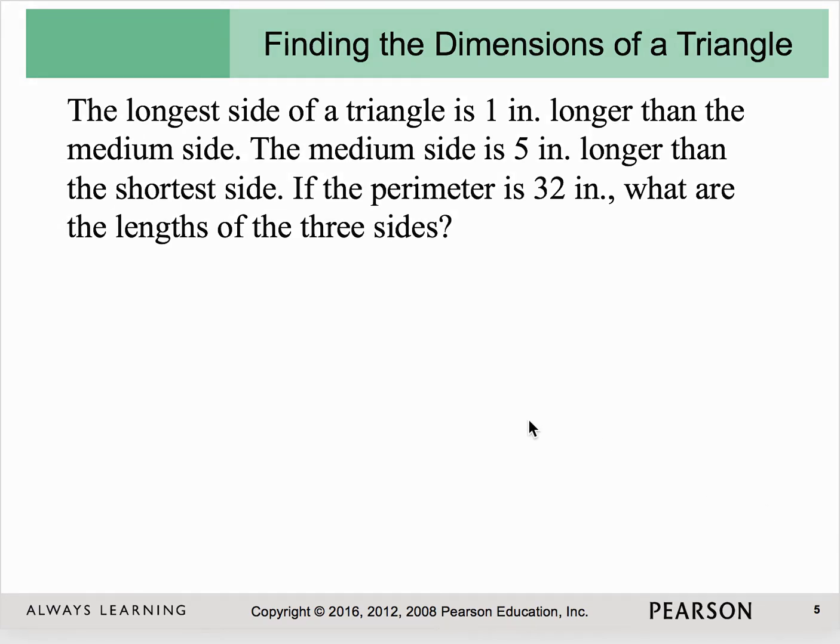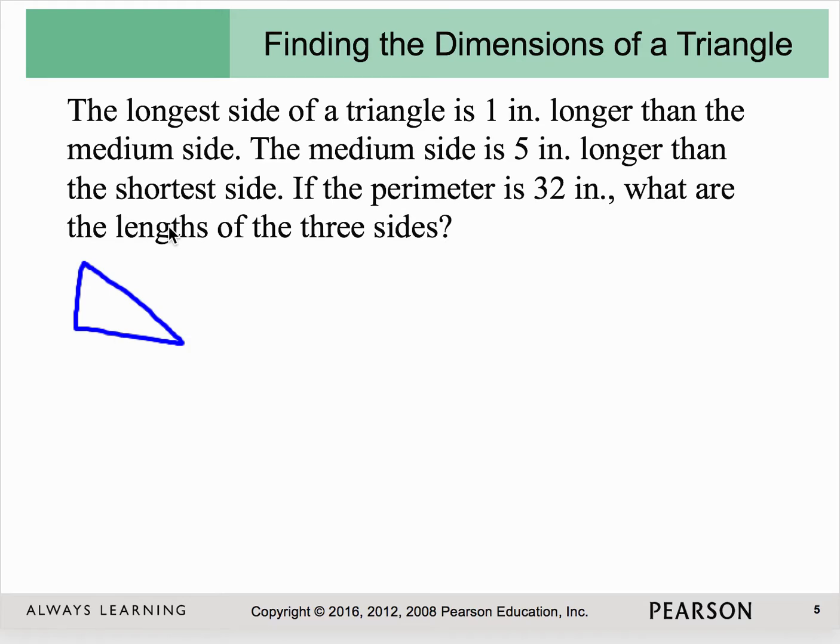Okay, let's try another one. The longest side of a triangle, oh, we got a triangle. The longest side of a triangle is 1 inch longer than the medium side. The medium side is 5 inches longer than the shortest side. And the perimeter is 32. Interesting.